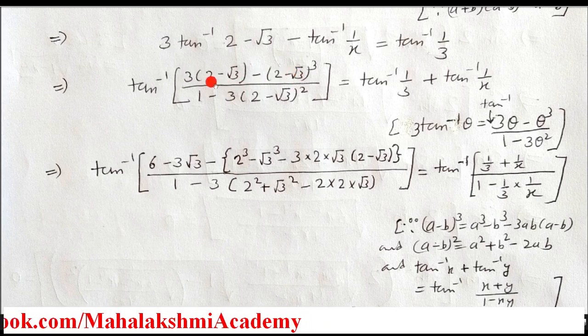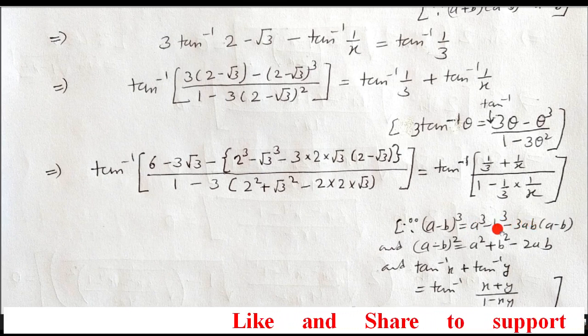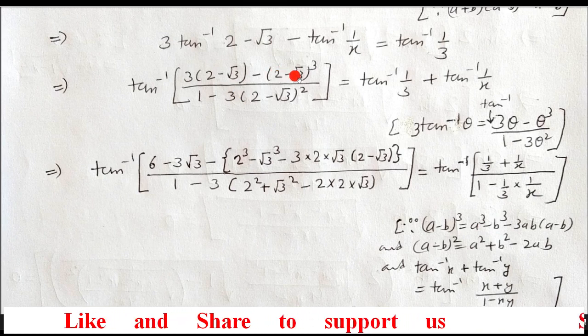To solve the bracket, I opened the bracket. So I got here 6 minus 3 root 3, and here we have to use the formula for a minus b whole cube. The formula a minus b whole cube is a cube minus b cube minus 3ab times bracket a minus b. What is a here? 2, and what is b here?